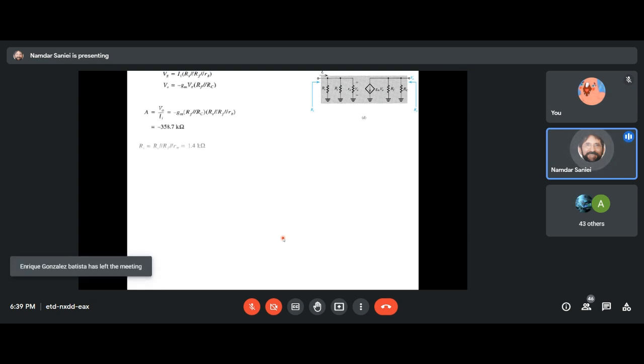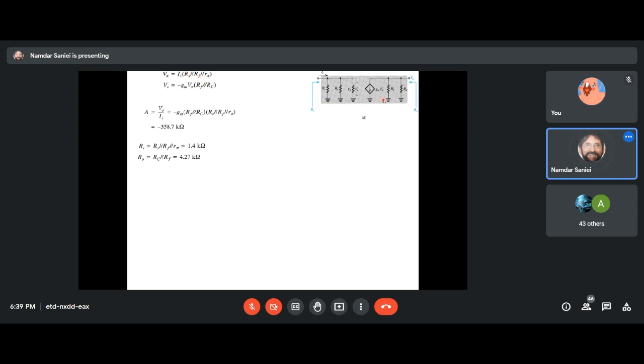If we start with the V pi that we have here, V pi is the voltage due to the input current coming to the parallel combination of these three resistances. So that's why we get V pi equal II times the parallel combination of these resistances.